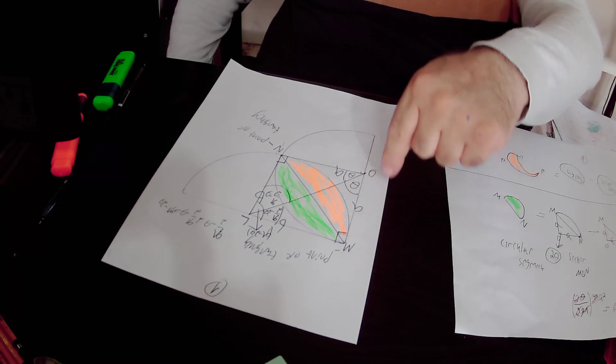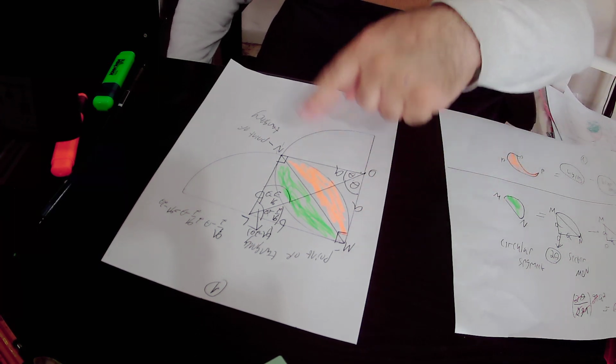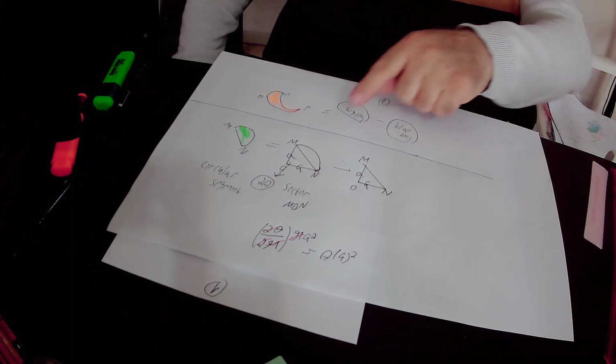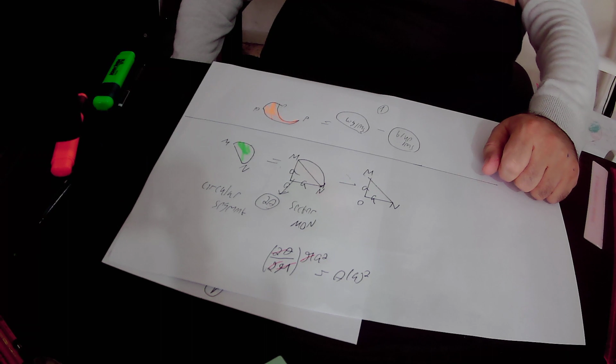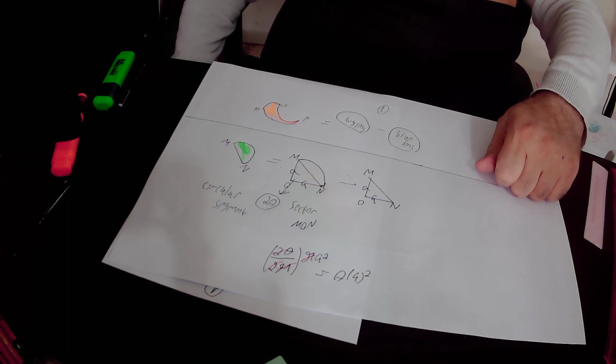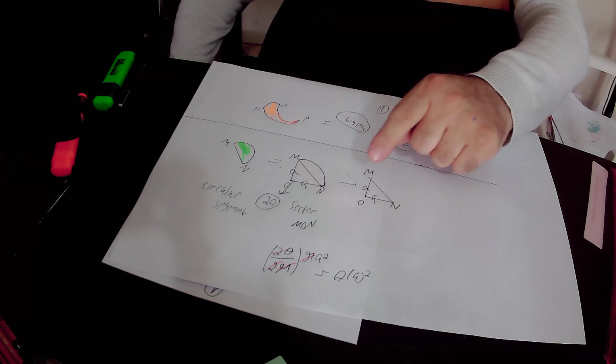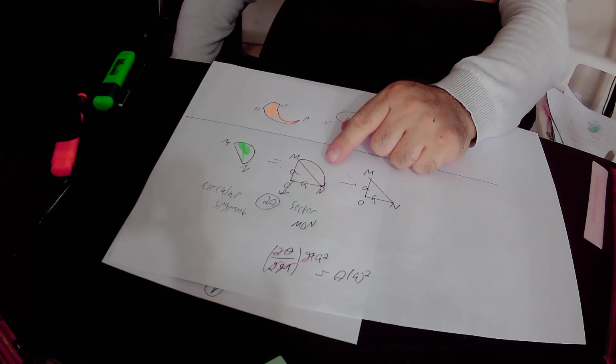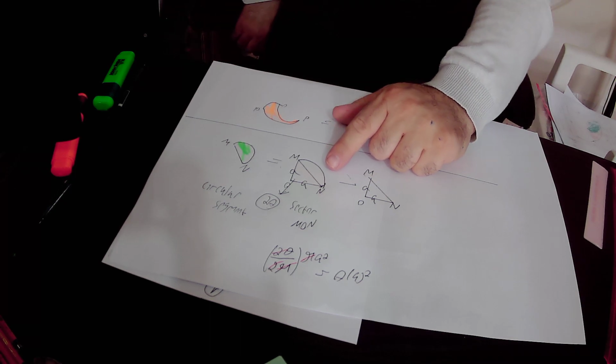That is to say, angle MON equals 2 theta. Then we find the area of sector MON. It is equal to the area of the circle that contains the sector, that is pi r squared, but r equals a, so it is pi a squared.